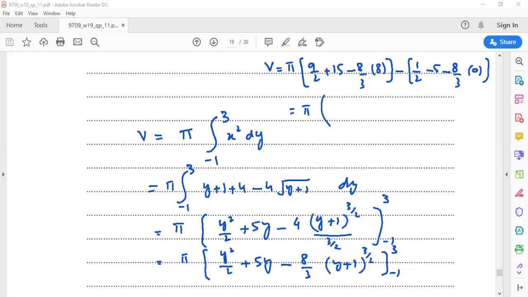And let's use a little bit of calculator here. 9 over 2 plus 15 minus 64 by 3, and this gives us minus 11 by 6.